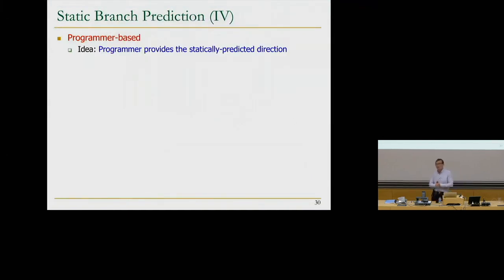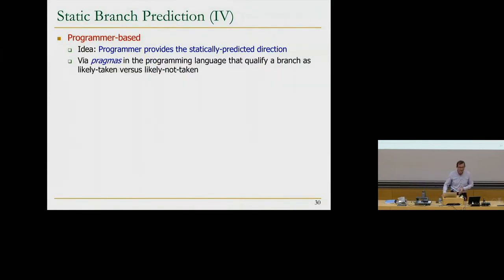So basically, in this case, the programmer provides a statically predicted direction. So as a programmer, you can do it actually. There are some languages that allow you to do it. Basically, you use what are called pragmas in the programming language that qualify a branch as likely taken or likely not taken. So I'm going to give you an example in the next slide. Basically, you say if likely x.